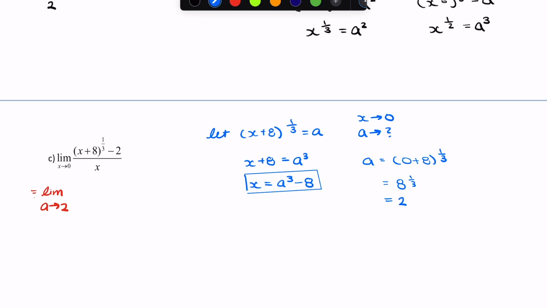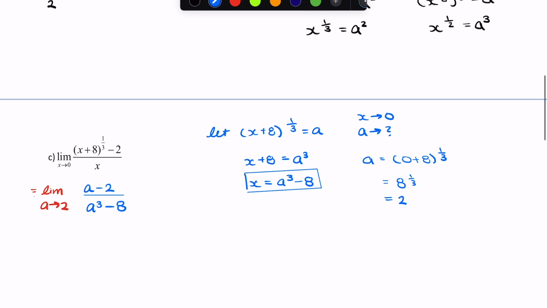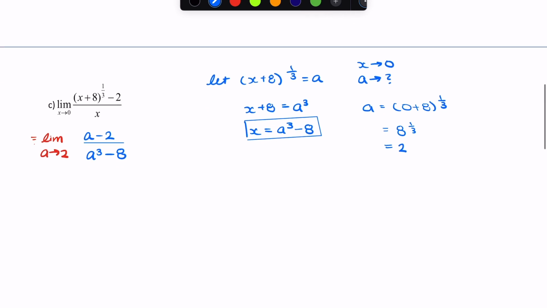Here we can rewrite this as a minus 2 over, and x has become a cubed minus 8. Here, so we have the limit as a approaches 2. So a minus 2 at the numerator, difference of cubes at the bottom.